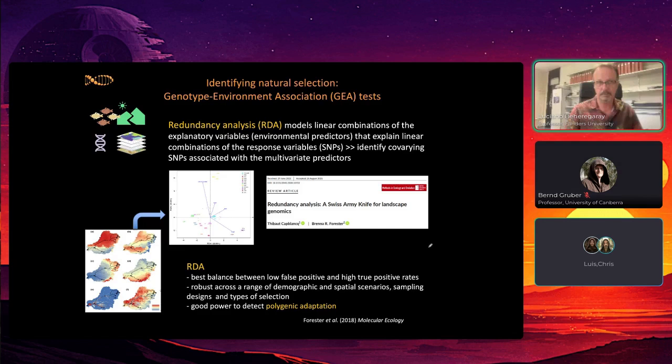RDA seems to be robust across a range of demographic and spatial scenarios, sampling designs, and different types of selection, including polygenic selection, which is the type of adaptation that we tend to see in many data sets across environmental gradients, the type of response of the genome to environmental variation because of climate.